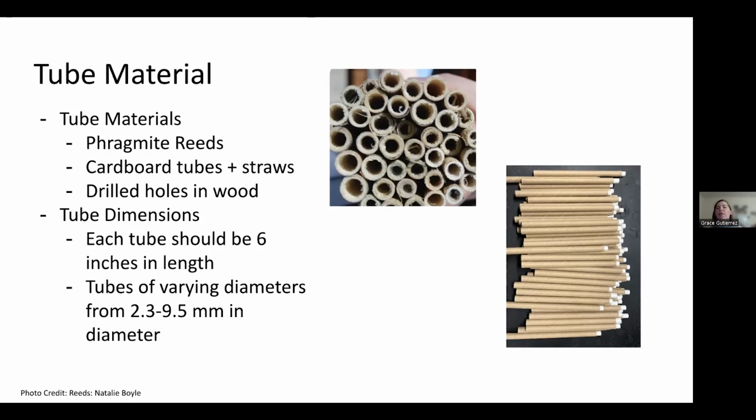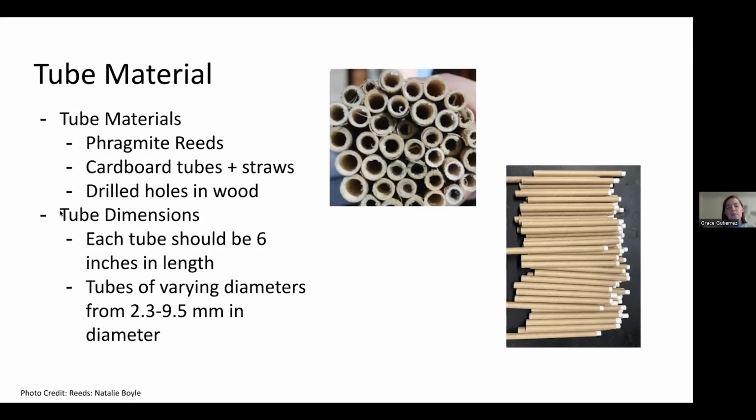And I've seen people sometimes use bamboo tubes, but not often anymore. If you don't have any Phragmites reeds in your backyard, they're pretty cheap online, and they come in pretty big bundles. So it should be just enough for you and the bee hotel that you're building.